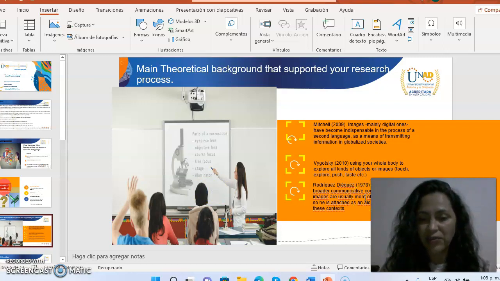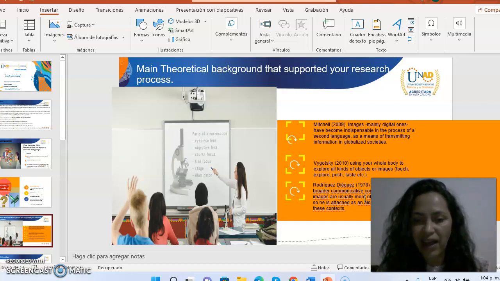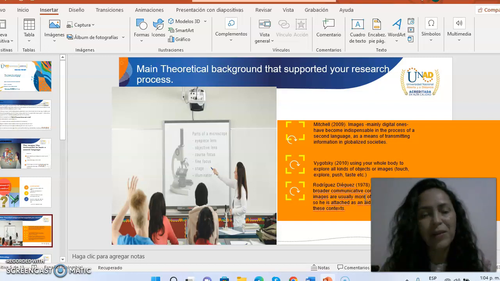Another author here is Rodriguez Diquez. He talked about broader communicative competence, saying the images are usually more of an exploring type, so he is attached to the image in this context. Why? Because normally the students try to compete with each other, and all students try to do their best to get a good grade in their course.